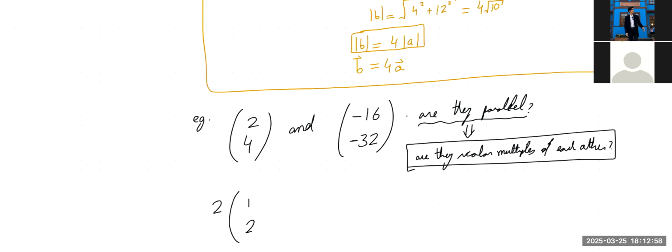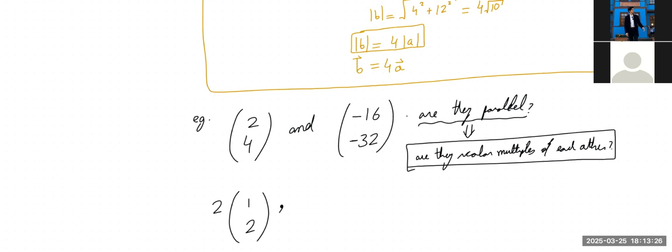Good. And what's the biggest common factor for minus 16, minus 32? Um, 4. No. I don't know. 6. 16 doesn't divide by 6. Not sure. By 16 itself.